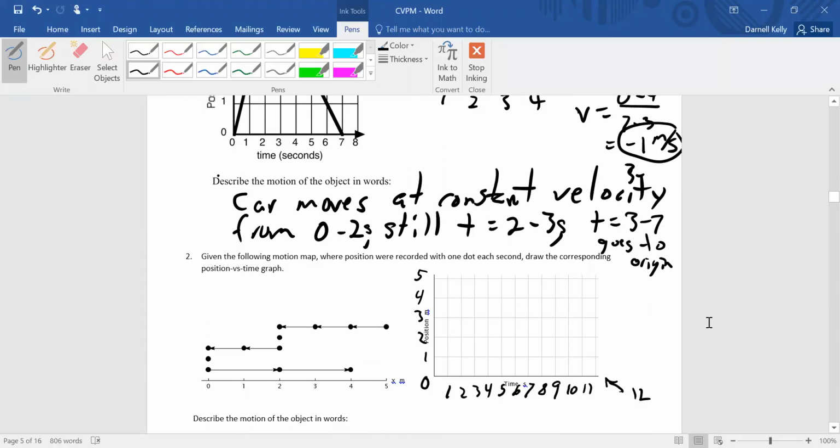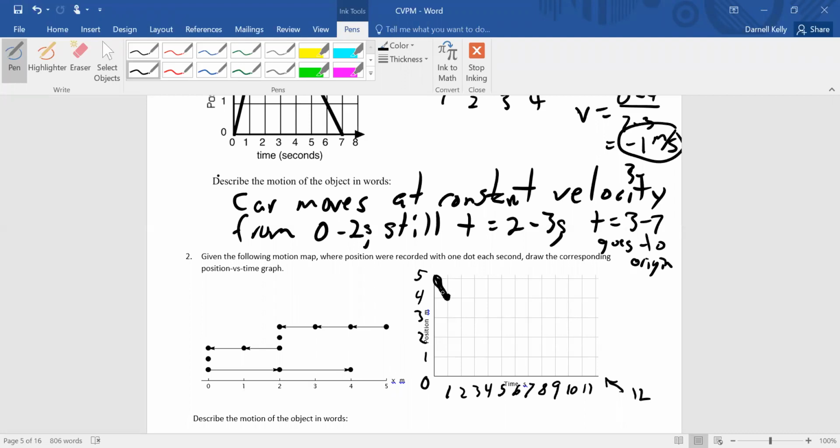Okay, we start at 5. And then after 1 second, it got a little bunched up there, but you can kind of tell that 11 is this line here, 12 is the last guy. So 5 to 4 in 1 second. So we start here and draw down like that. After 1 second, we went from 5 meters to 4.